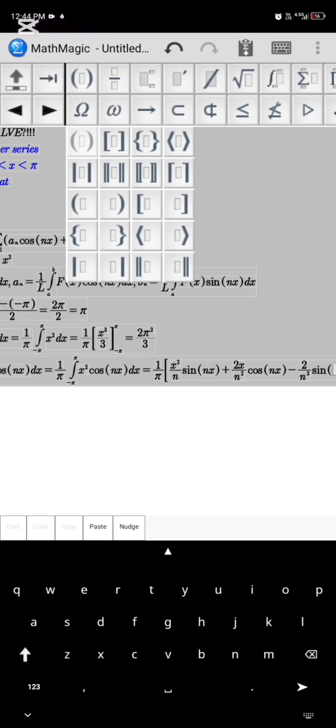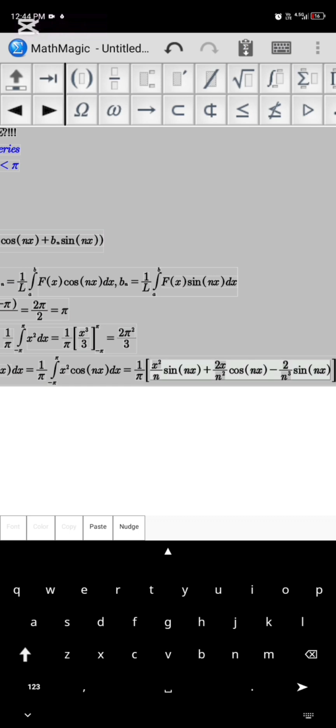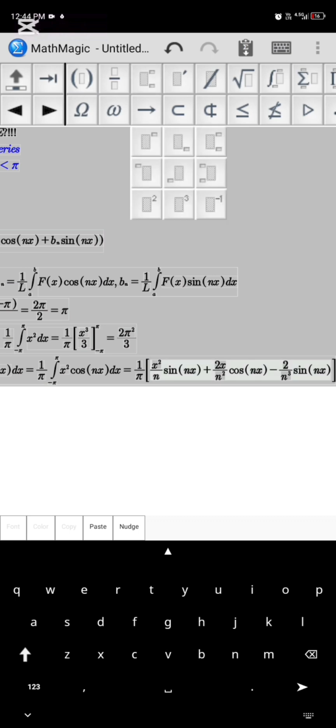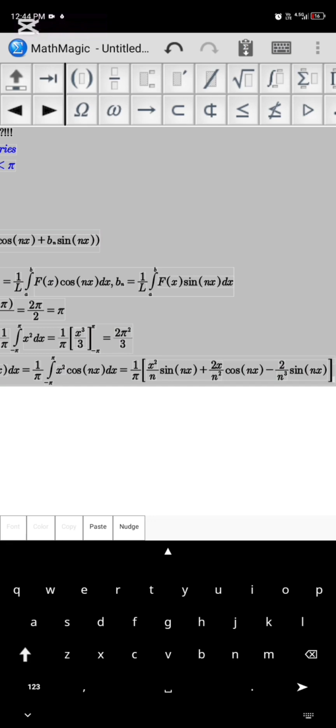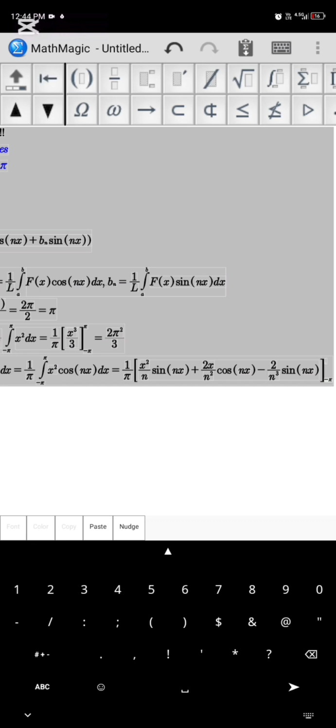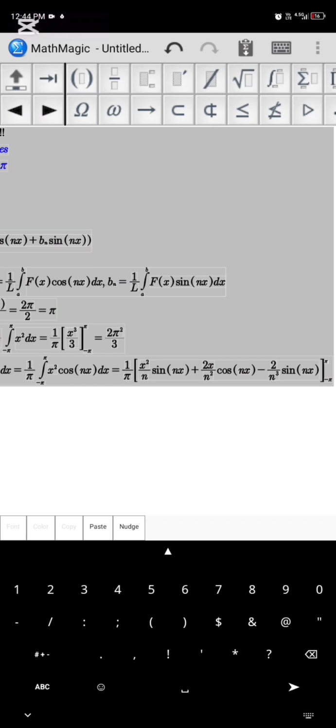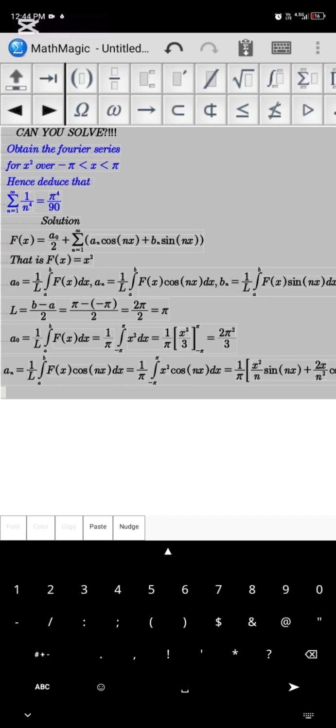The limit is also from minus pi to pi. Don't forget, from minus pi to pi. All right, so if we apply the limit, we are going to have this as our answer.